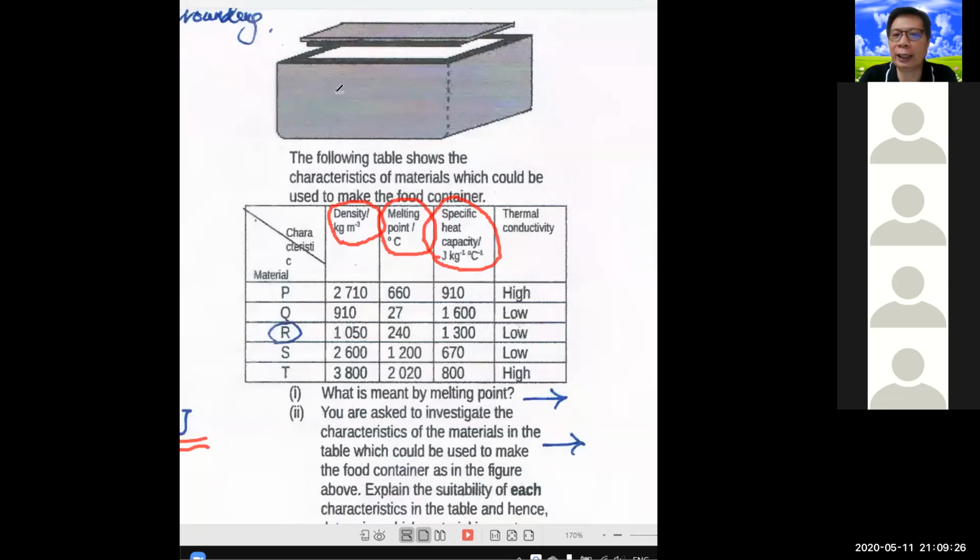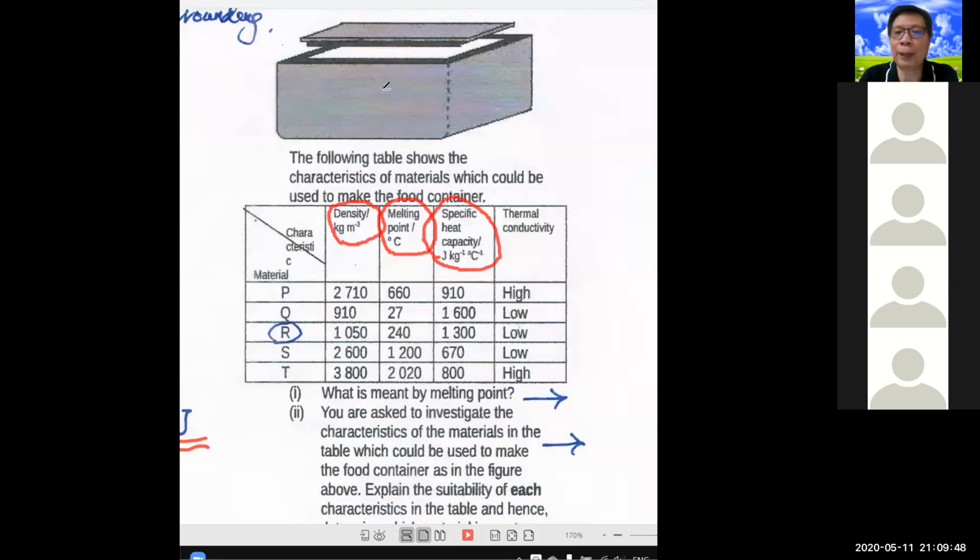The container itself must not be easy to heat up fast, because when you put hot food inside, if the container becomes very hot very fast, it can lose the heat to the surrounding very fast, then the food will cool down very fast. That is no good.